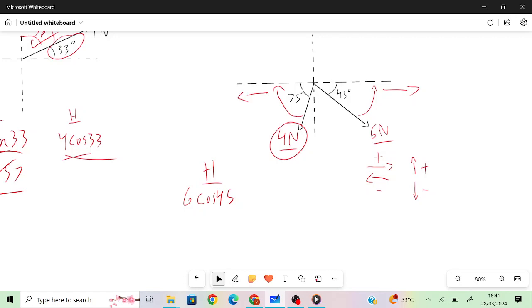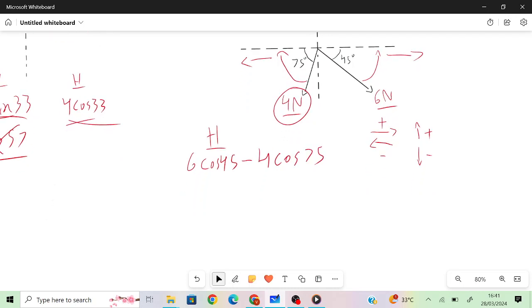So I can say that since right is positive and left is negative, my horizontal resultant force will be 6 cos 45 minus 4 cos 75. And my vertical, look at my vertical, if I resolve both of them to the vertical, both of them will take me down. So resolving this over here and this over here, they're both facing a downward direction.